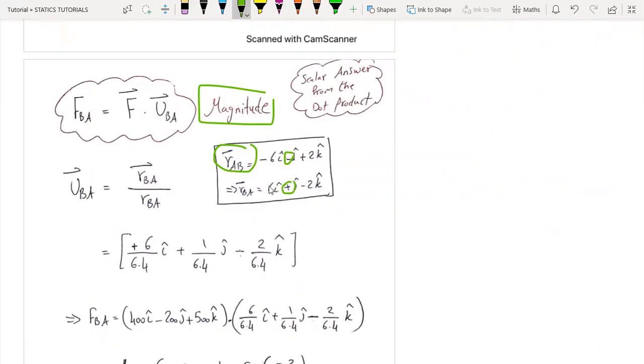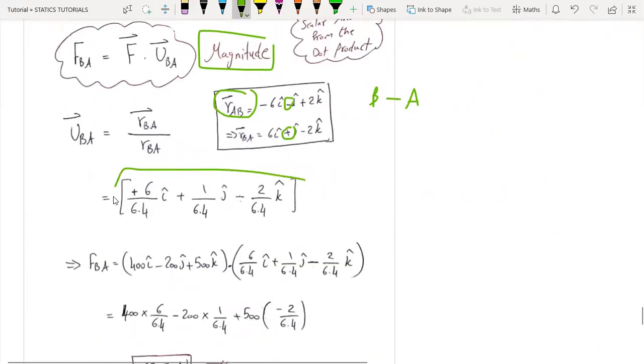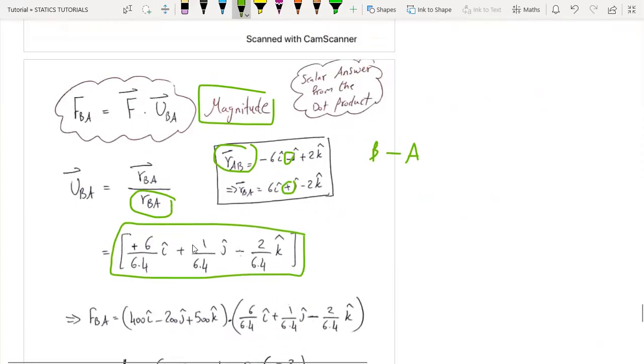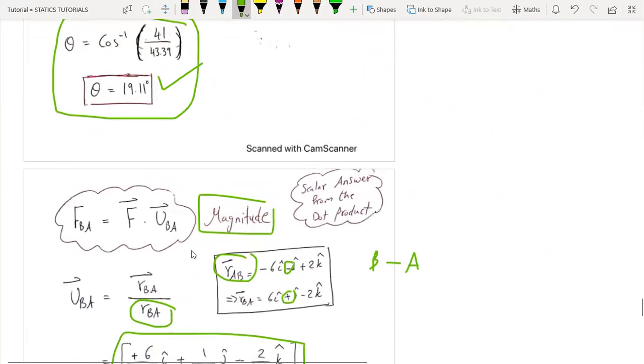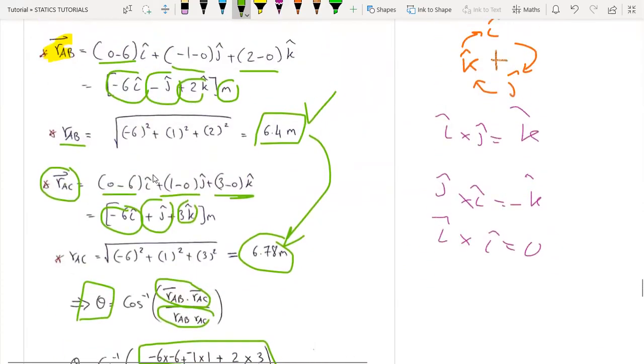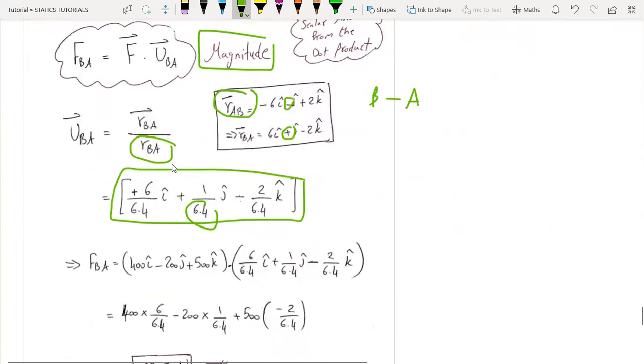I will do it again: the coordinates of B minus A, and we will get the unit vector of BA. Notice the magnitude of rBA equals the magnitude of rAB, 6.4, because the minus sign is cancelled in the squaring. Minus 1 squared is the same as 1 squared.